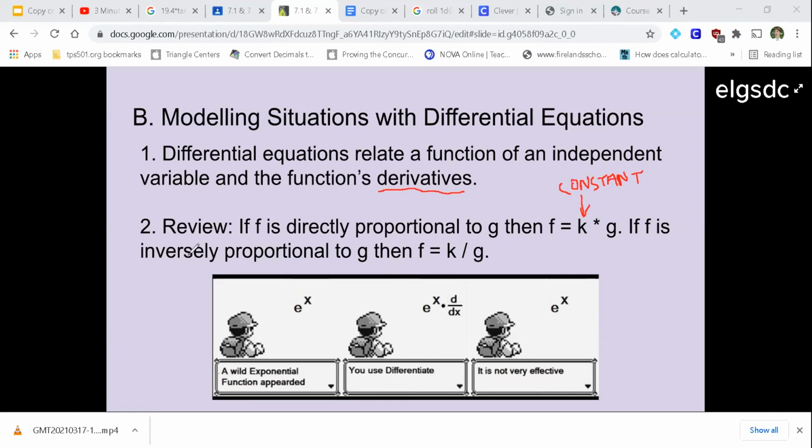Similarly, if f is inversely proportional to g, then the equation's form will be f equals k divided by g, again where k is a constant. So whenever you're reading these problems, when you see that phrase directly proportional or inversely proportional, it's telling you what the equation's form is going to look like.